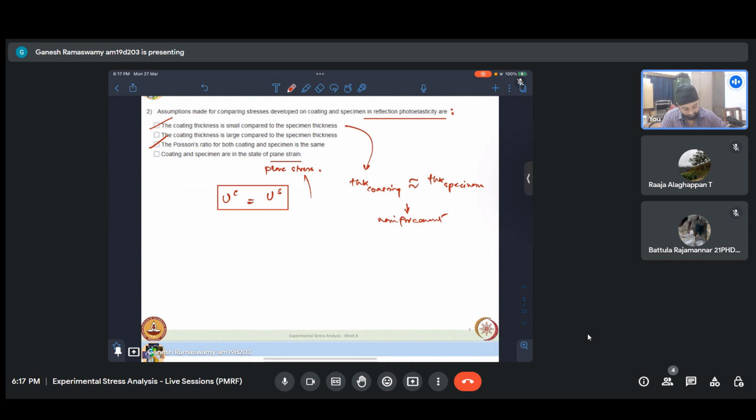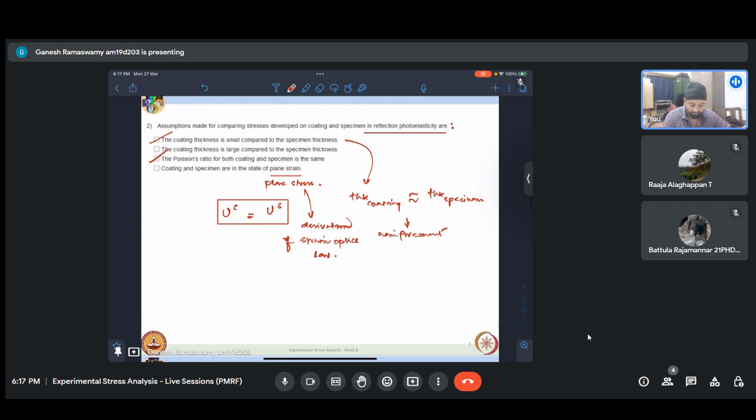So this comes within the derivations of strain optics law, so to speak. So these are the two assumptions that we proceed with for comparing stresses developed in the coating and specimen in case of reflection photoelasticity. So I hope that this is clear.